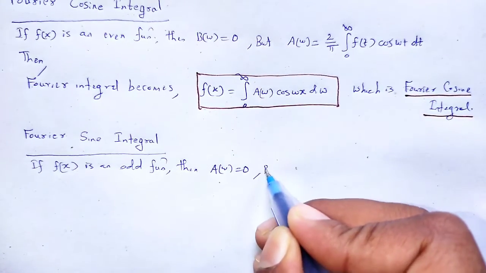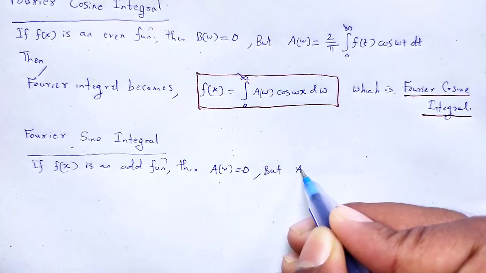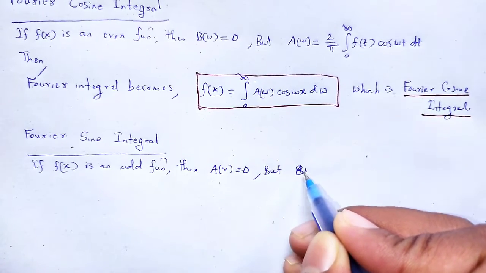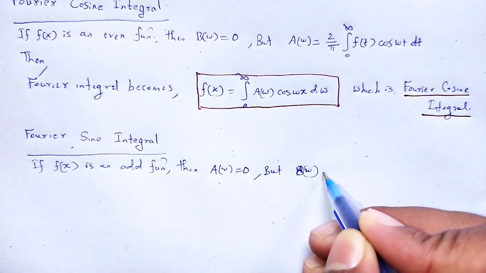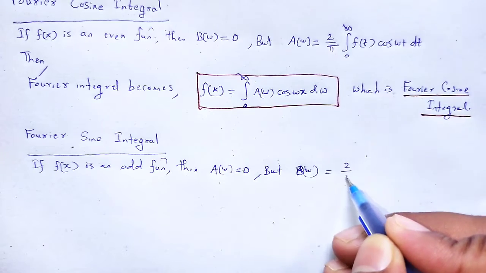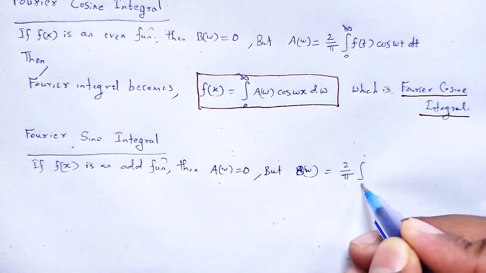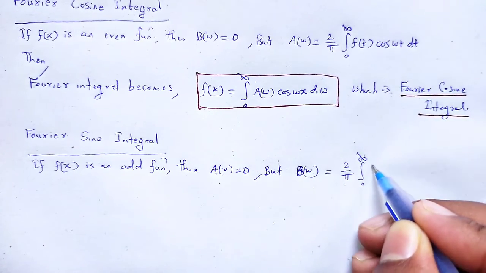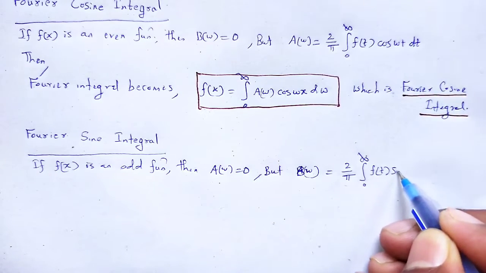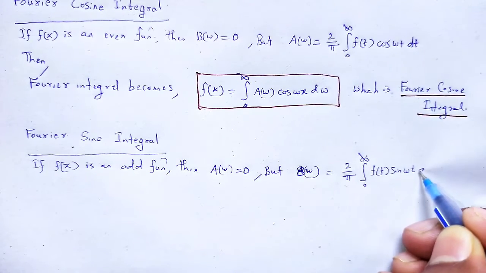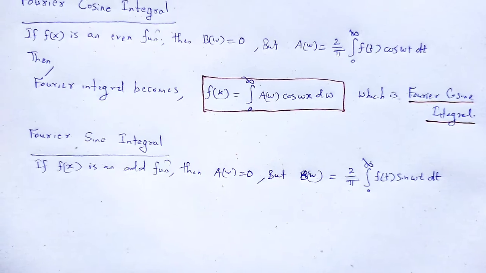But b of omega has the value 2 by pi integral from 0 to infinity f of t sin omega t dt.